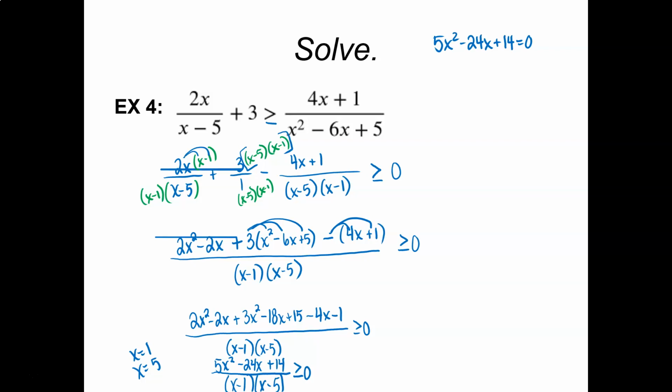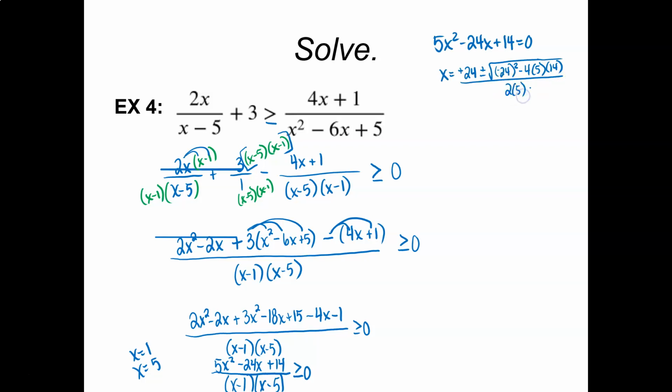So how do I solve that? Quadratic formula. So I'm going to have x equals positive 24 plus or minus square root of negative 24 squared minus 4 times 5 times 14, all over 2 times 5.